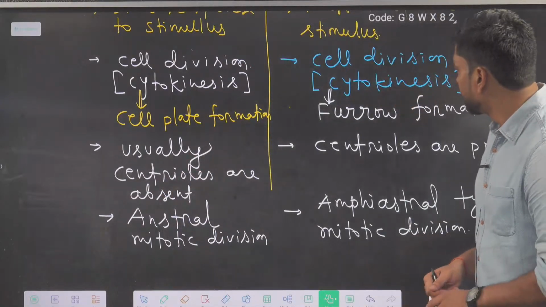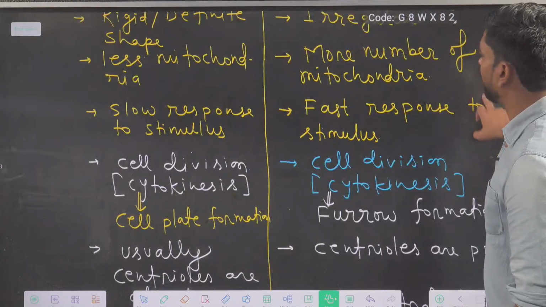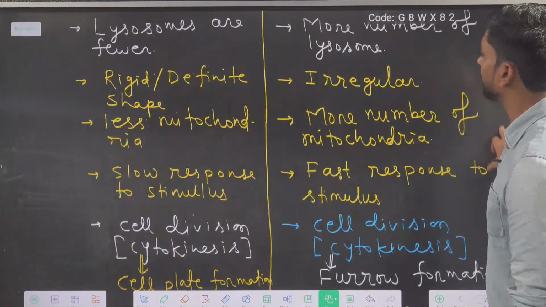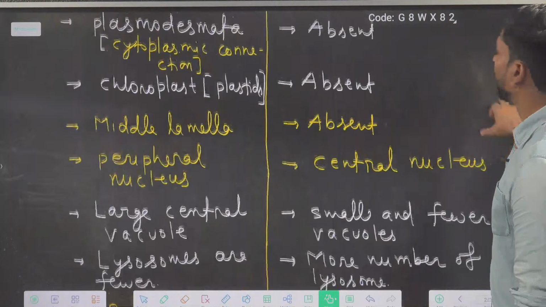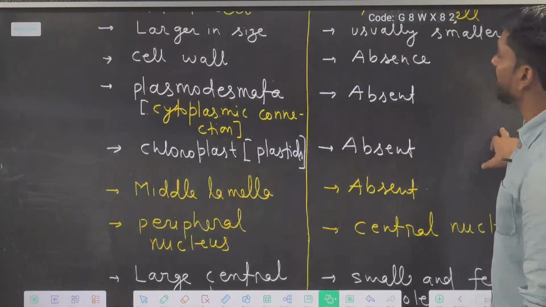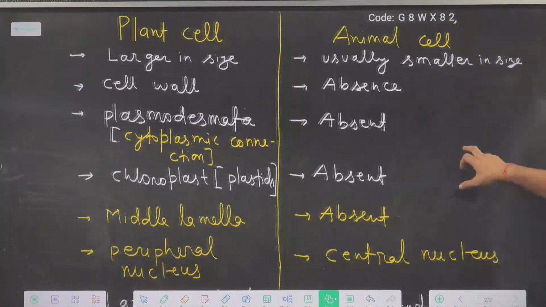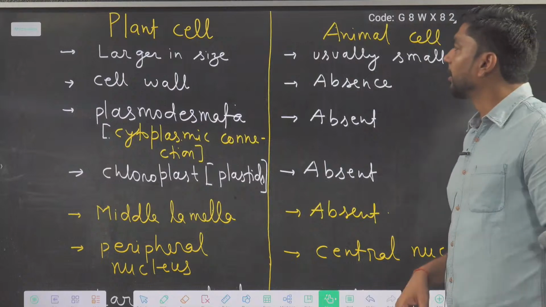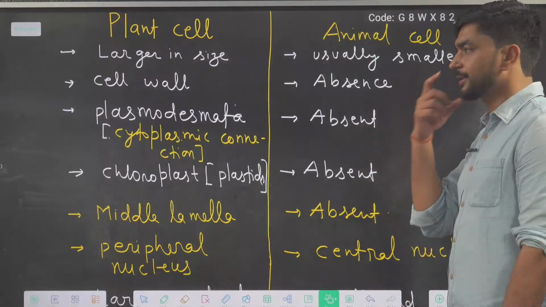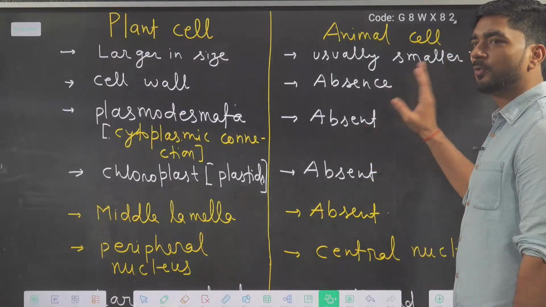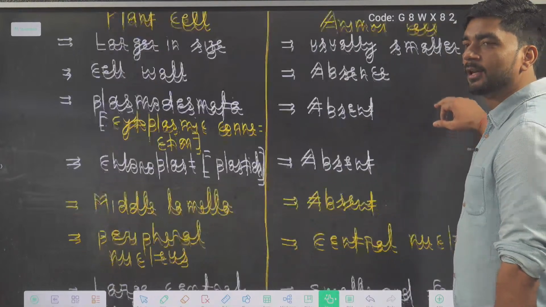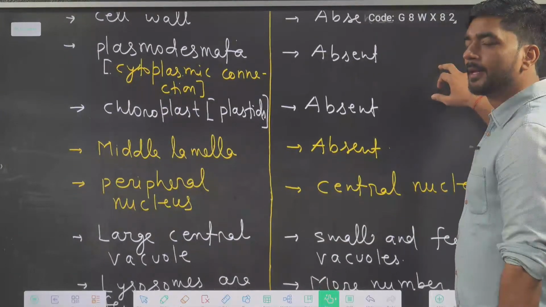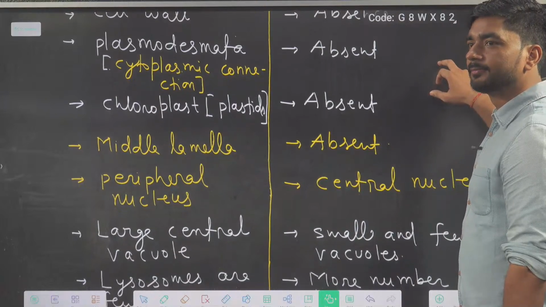So let's recap the differences we have seen till this part. We started with size: larger in size, and one is small in size. Cell wall present, absent. Plasmodesmata present, absent.